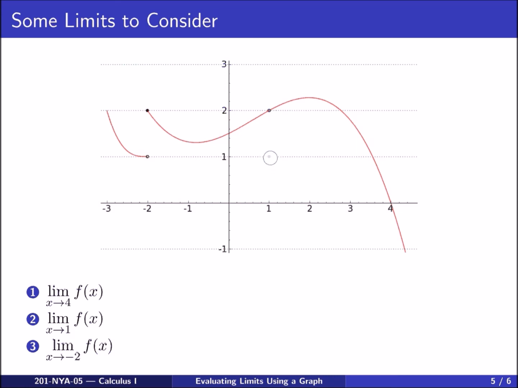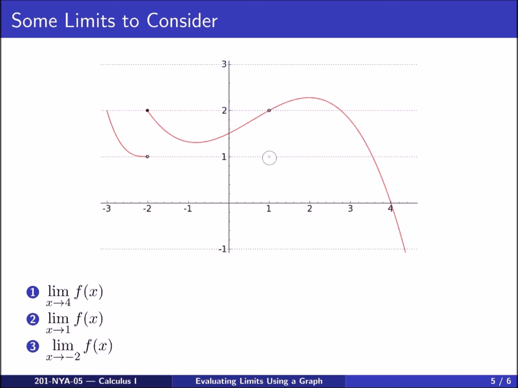So that full dot could be here, here, here, down here. Whatever it would be, it would have no influence on the value of the limit. So if the limit exists, it is not influenced at all by the function value at 1. So we shouldn't be looking at that full dot to decide whether the limit exists or not.